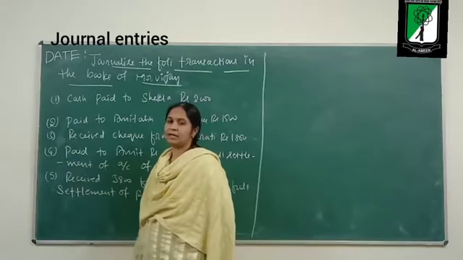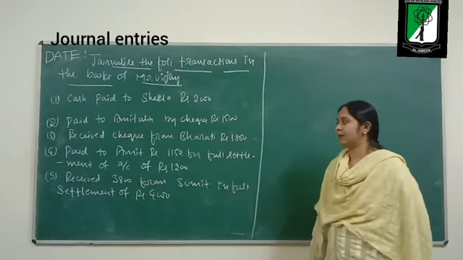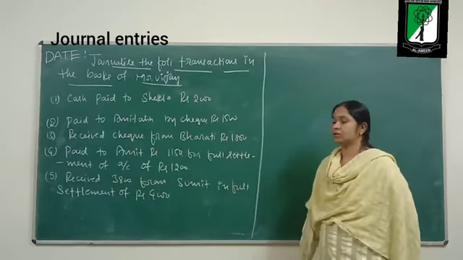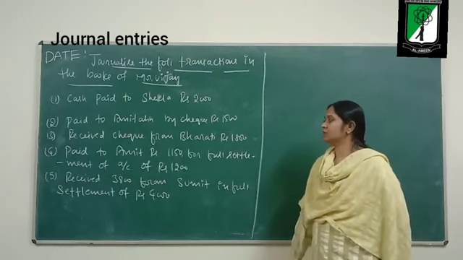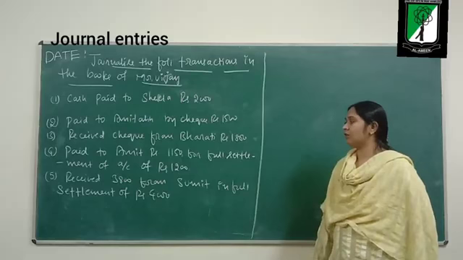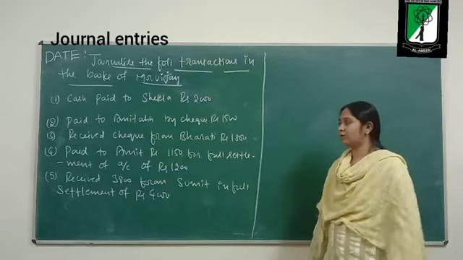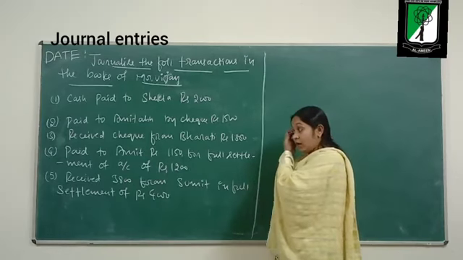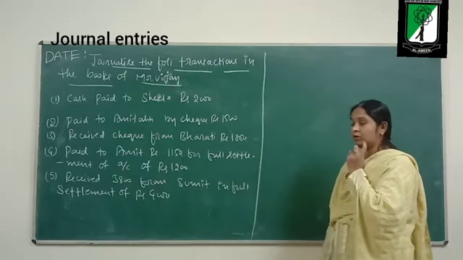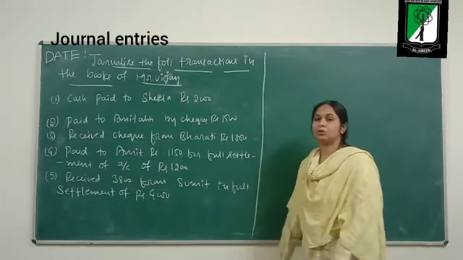Next, fourth transaction, paid to Amit rupees 1150 for full settlement of account of rupees 1200.